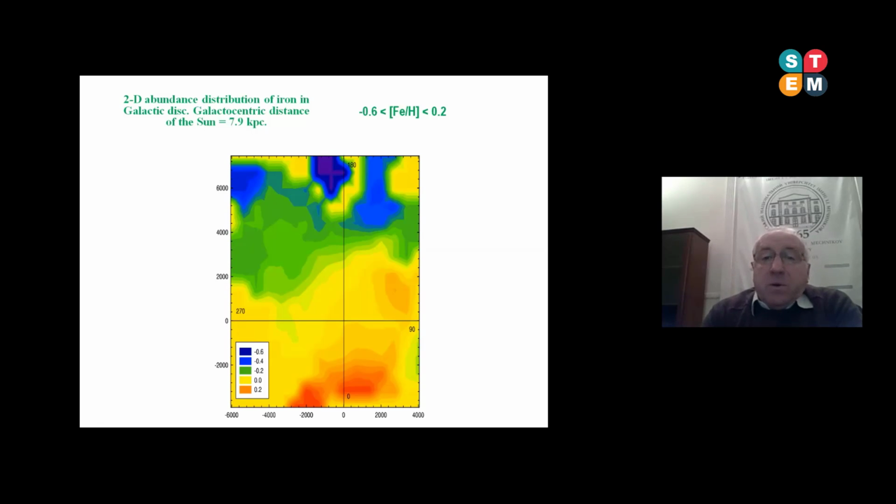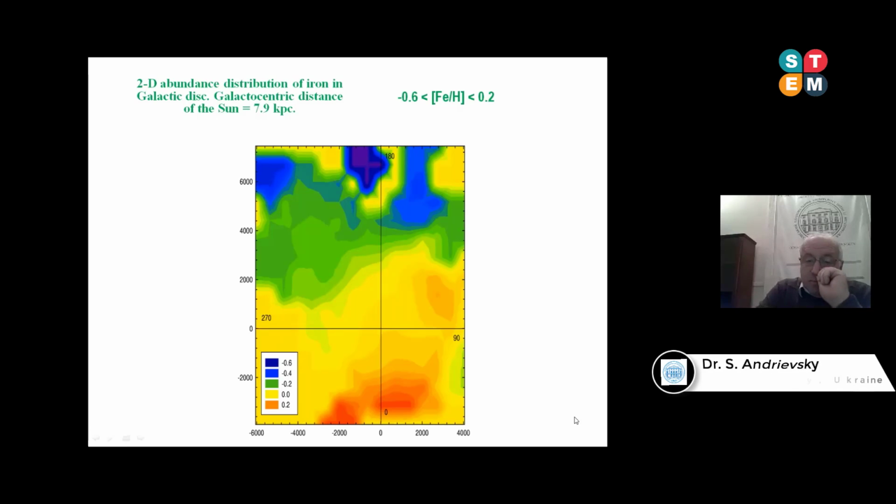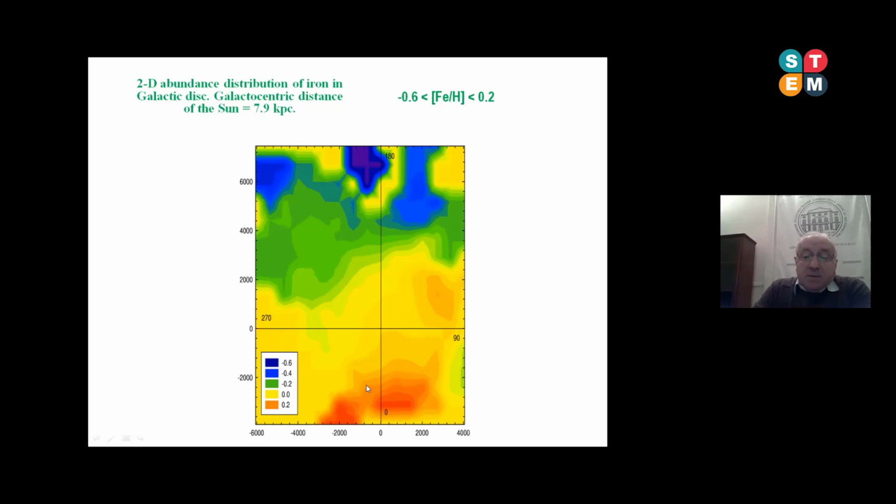It's a huge value, I would say. And blue color testifies to very low abundance, underabundance, and red areas indicate high abundance. So this is overabundance.